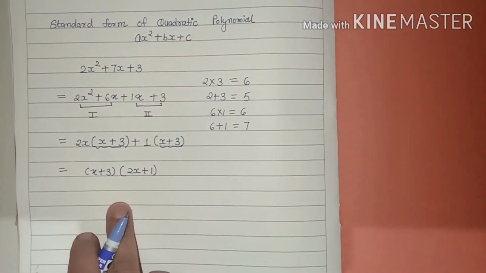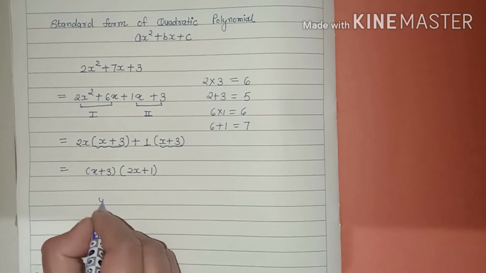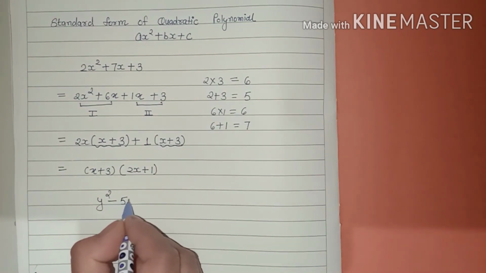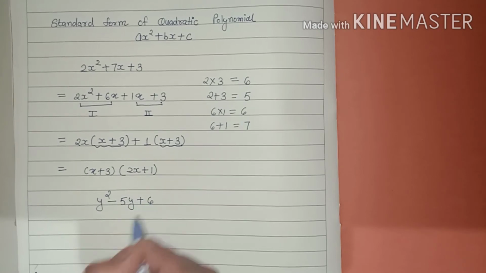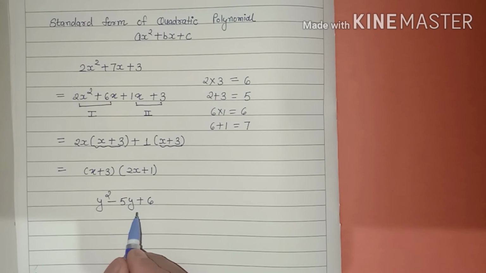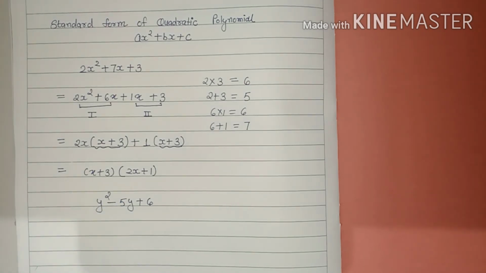Now we will apply this method to another polynomial. y square minus 5y plus 6. First you have to check whether the given polynomial is in its standard form or not. y square minus 5y plus 6. Yes, this polynomial is in standard form.